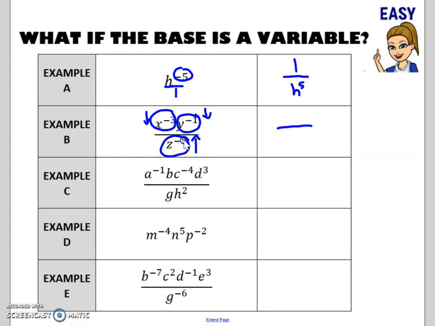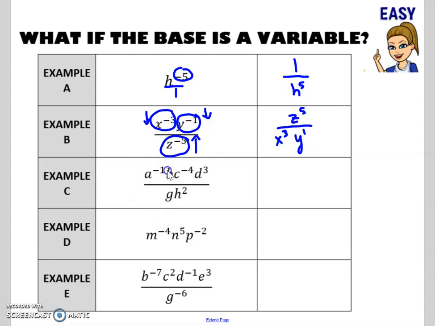Both of these go down, but the denominator is going to come on up. So cross the line, change the sign. Now it's a positive 5, and I'm going to make that look like z. Now my denominator, the x, crosses the line, and now it's a positive 3. The y crossed the line, change the sign, positive 1.